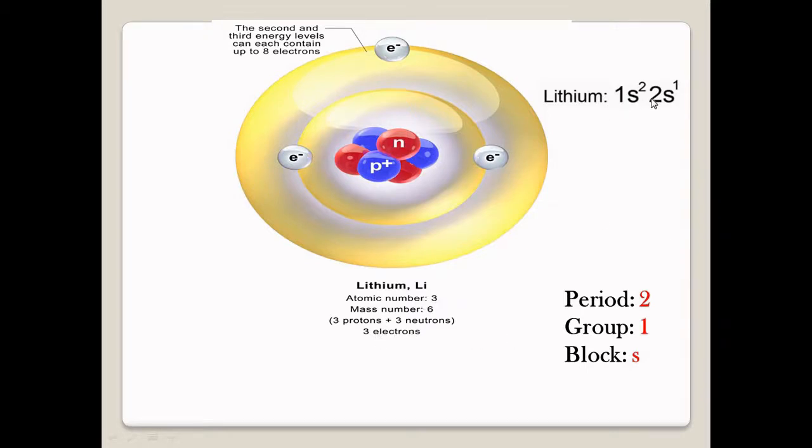This 2 indicates the period number, that is period number 2, whereas this 1 electron indicates it is a group first element, whereas this s indicates its s block. Are you getting this?